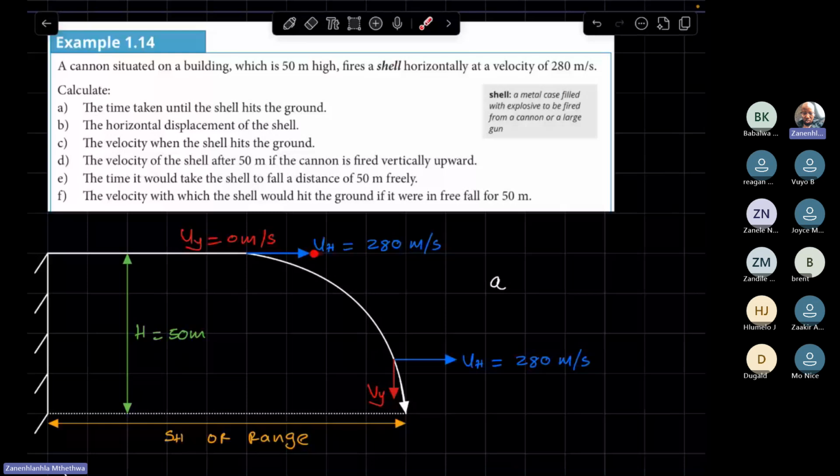The only acceleration we have is the one due to gravity. That is the one that is along the vertical plane. That is why from the apex to the ground, the velocity of the cannon shell increases. Why? Because the velocity is being influenced along the vertical plane by gravitational acceleration.